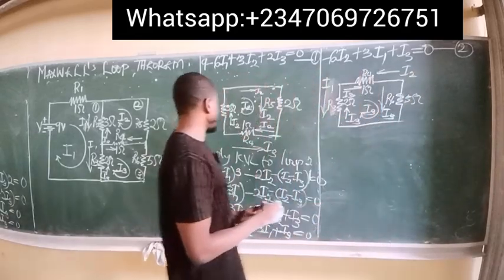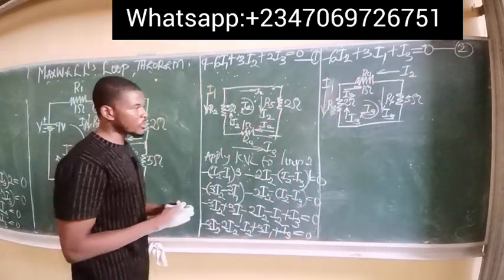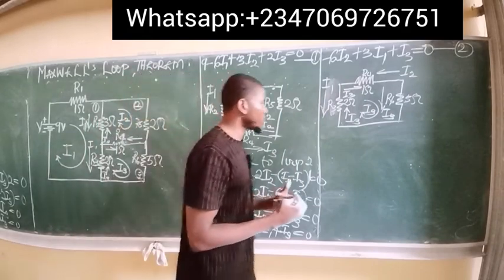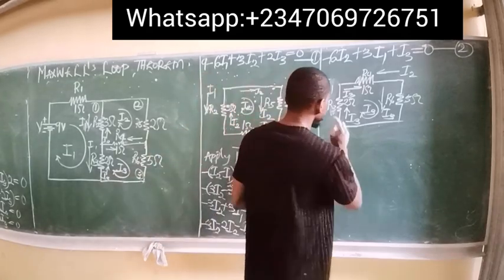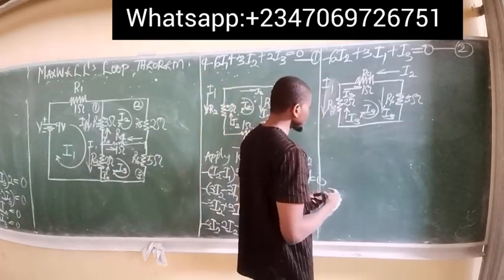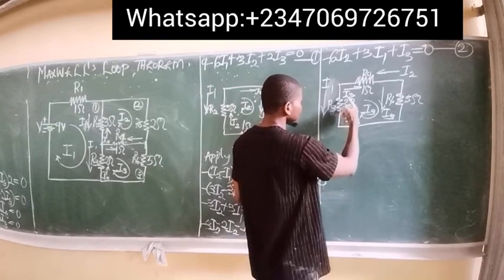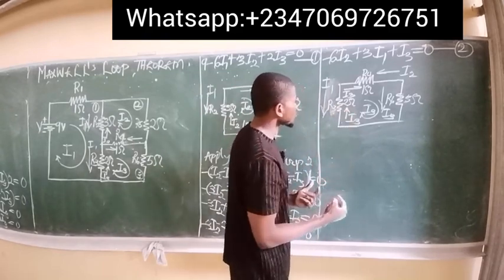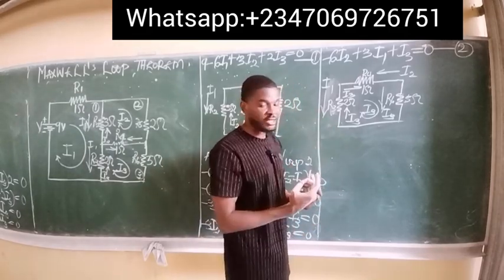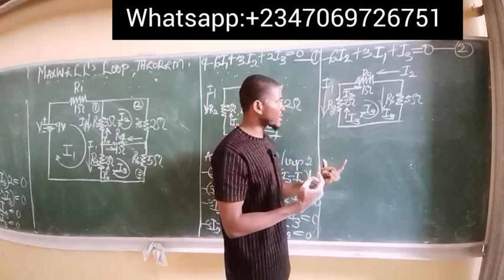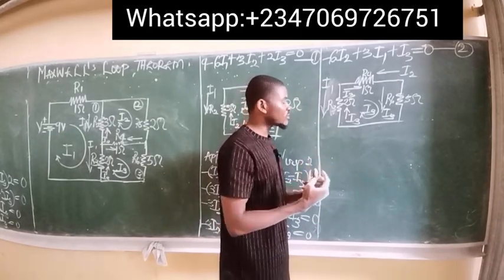So that's all. So we also apply KVL. Simply the sum of the entire voltage equals 0. Now we start from R3. We have current I3 flowing through this resistor R3, but then again, we also have current I1 flowing through that same resistor. So two different currents are flowing in opposite direction. But since I'm on loop 3, that means I will always start with I3.